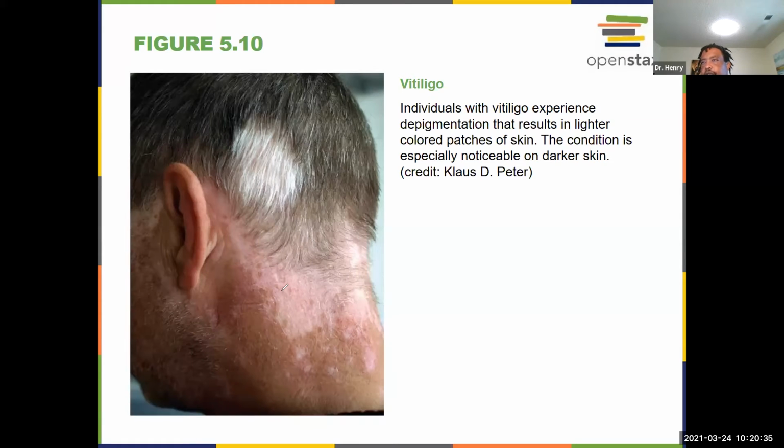A lot of times this is a result of the cell itself attacking itself. So it'll attack a region, like an autoimmune defect associated with it, and as a result the person will have patches on their skin. Okay. Are there any questions on that? Pretty straightforward.